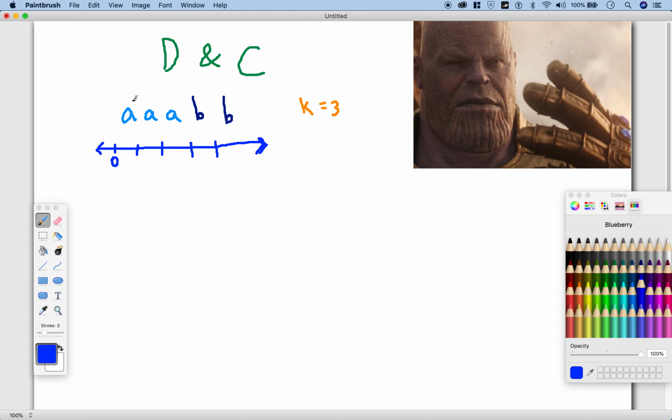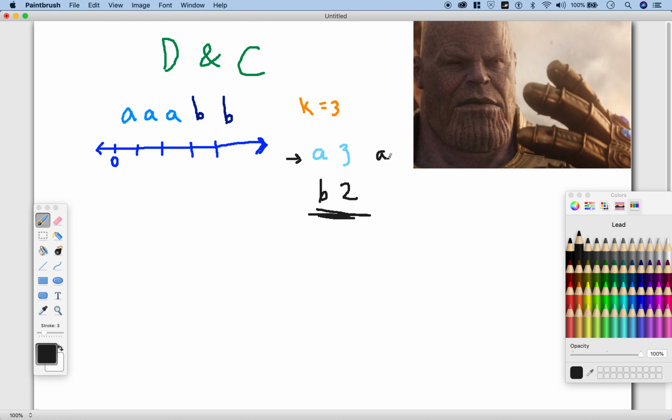Well, if we count all the infinity stones in our search space, we get this. A is 3, B is 2. Now, a good place to find the right time to search to the left and right of would be to find the infinity stone that will not belong in our collection, okay? So which one would not belong?